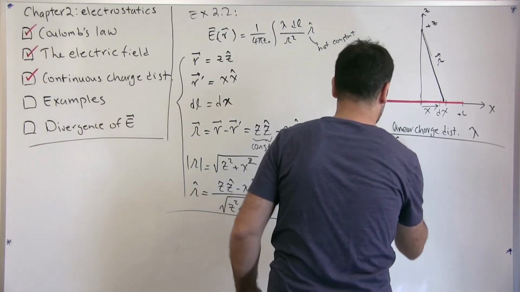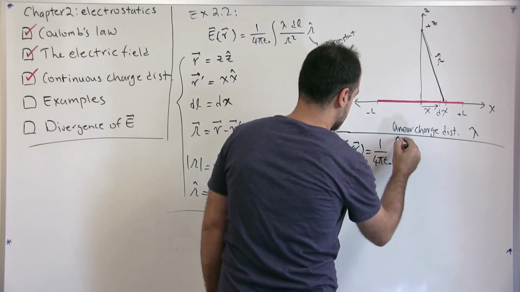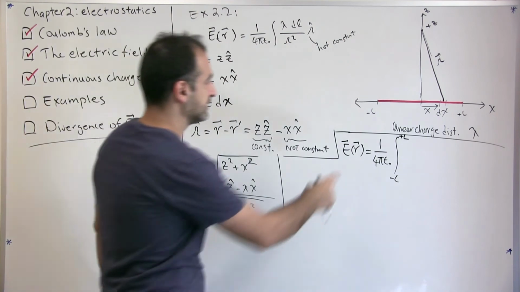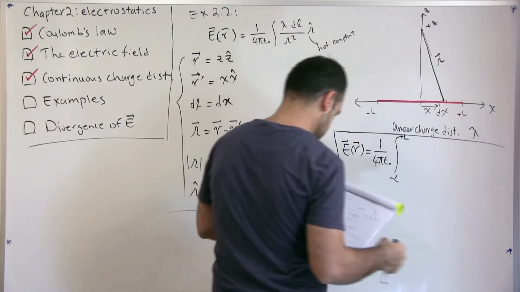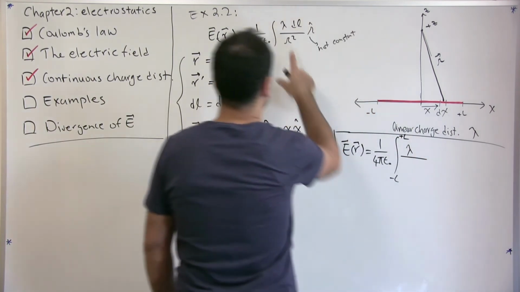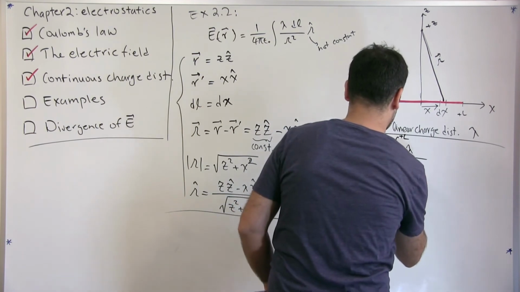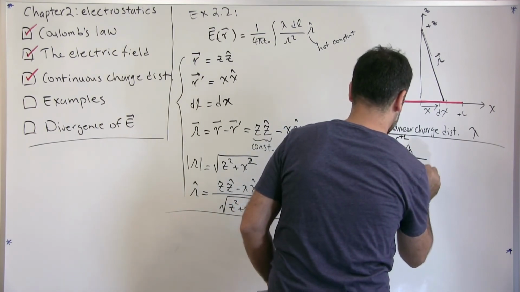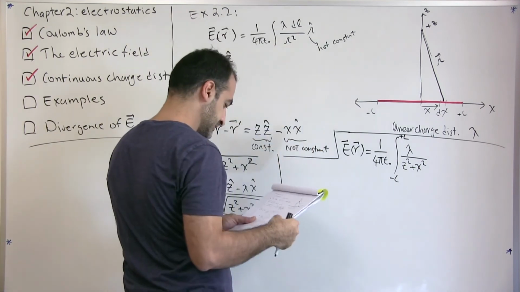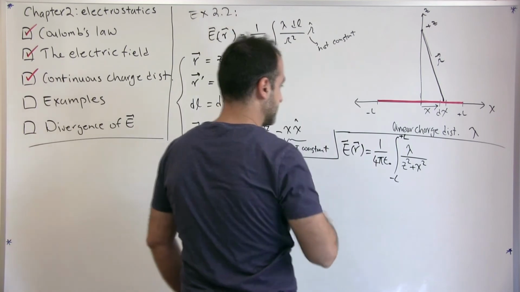The integral is going to be over x. The limit of the integral is minus L to plus L. And the integrand has the linear charge distribution lambda, which is constant, and z squared plus x squared in the denominator, which is r squared. And we got dl, which is dx, times r hat.